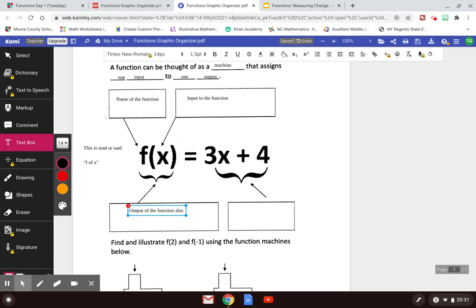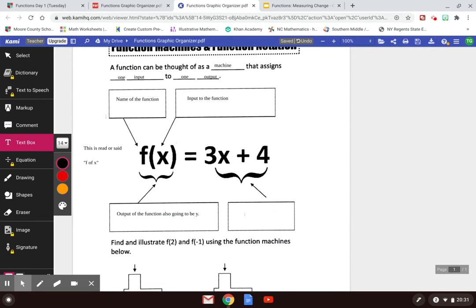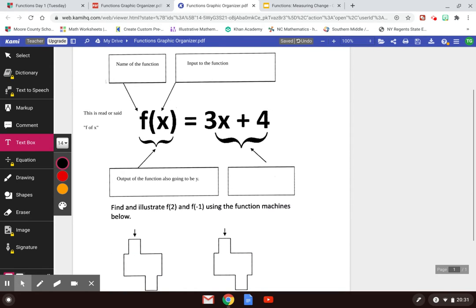And it's also going to be y. So sometimes you're going to see function notation, which is going to be f of x equals a certain rule over here. Other times you might just see y equals a certain rule. And that's because what we're going to see, probably not tomorrow but the day after, is that these functions create ordered pairs that we can put on a graph and actually make a graph or a picture of the function.